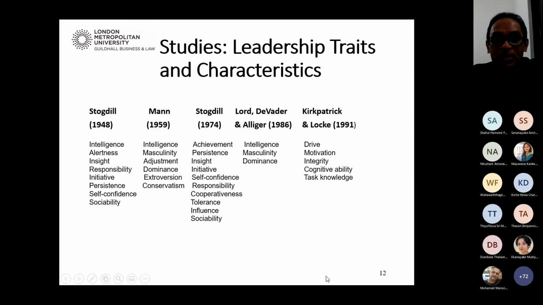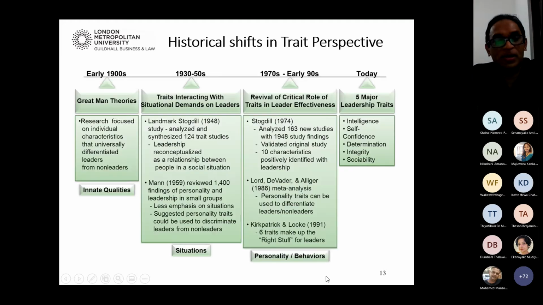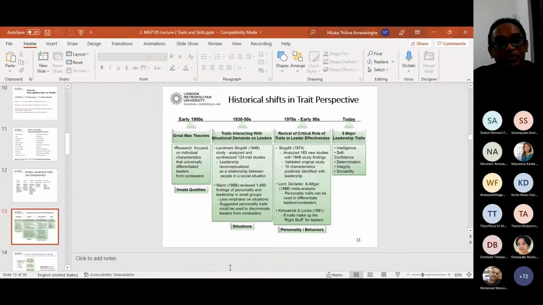Okay, so this is about trait theory. So you can see the great man 1900s, it's about innate qualities, right? Innate qualities means, mostly they researched the qualities that they had when they were born.